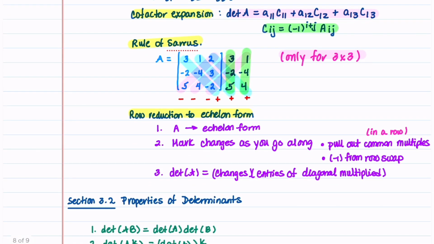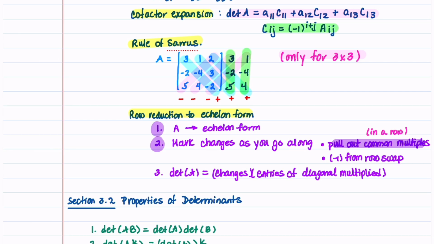We then looked at row reduction to echelon form, and we went over 3 steps that you need to follow. The first step is to just take your matrix A and put it in echelon form. And then step 2 goes with step 1. You're going to mark your changes as you go along. For instance, if you have a common factor in a row, you're going to pull out that multiple.